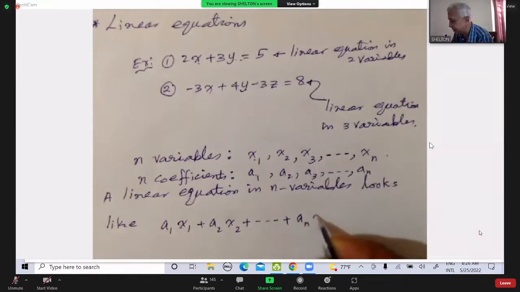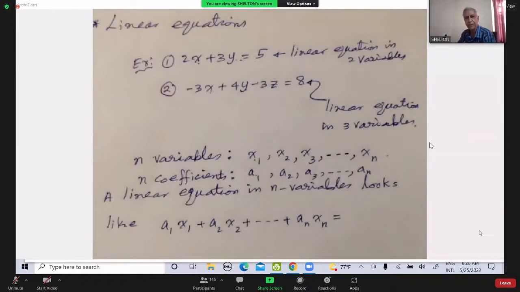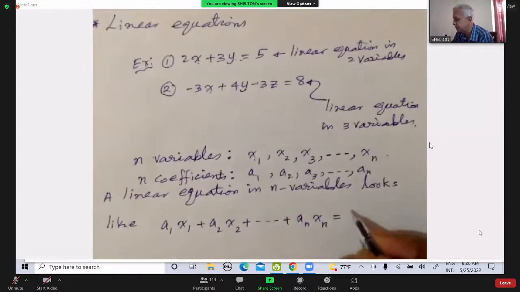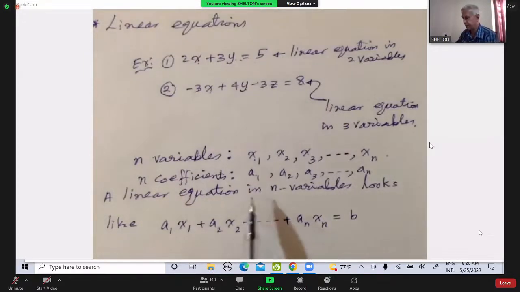Yes, anxn. And I need another number, equals, like 5 or 8 there, let us put b. Okay. So the variables are x1, x2, xn. Coefficients are a1, a2, an.